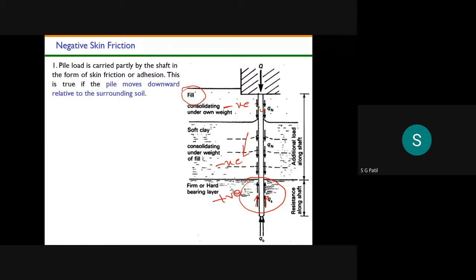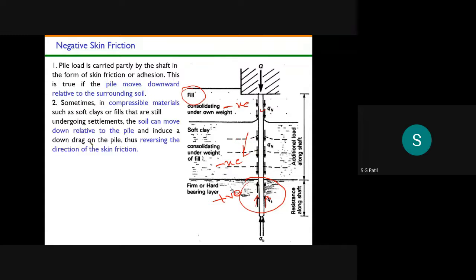Usually in the field, we apply a bitumen layer on the pile in the region where you can expect negative skin friction, so that whatever drag force is there will be nullified. You have to apply some bitumen coating.